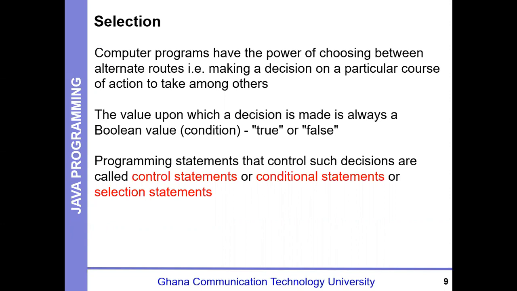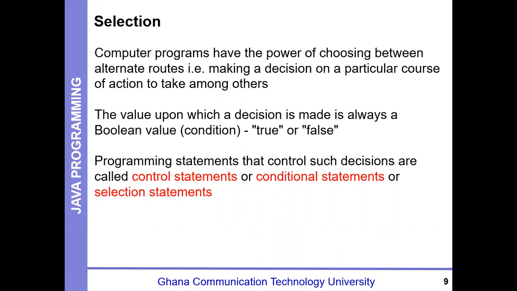What we are going to do is the simplest of all selections. Of course, you know that computers work with more complicated things. But for now, what we are saying is that we want the computer to be able to make a decision based on whether something is true or false. So if it is true, do this. If it is false, do that.